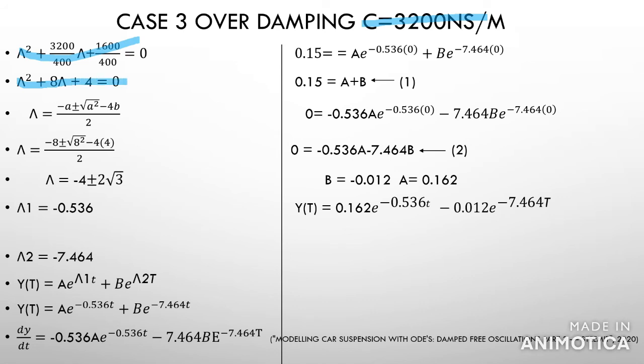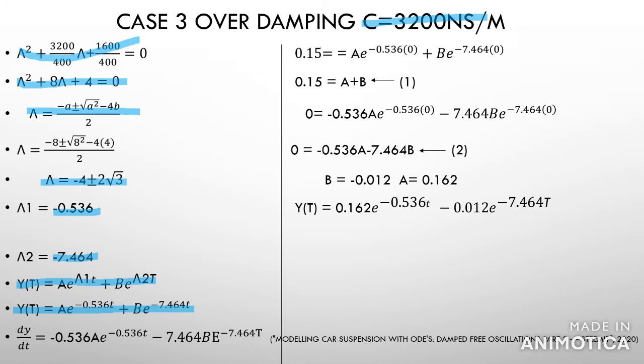So I have to use this equation again, and I'll get lambda equals negative 4 plus or minus 2 square root of 3, giving 2 lambda values, which are negative 0.536 and negative 7.464. Sub in your values for my y(t) equation. So y(t) equals this, because lambda 1 here, lambda 2 here, multiplied by t, and then finally find my a and b.